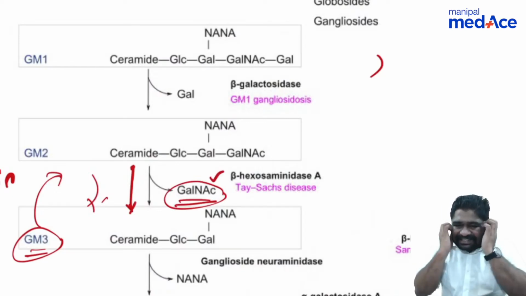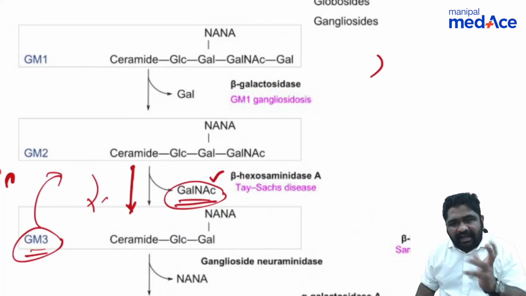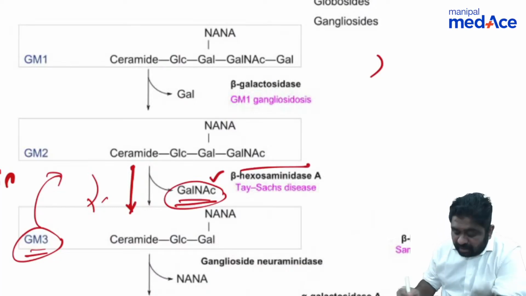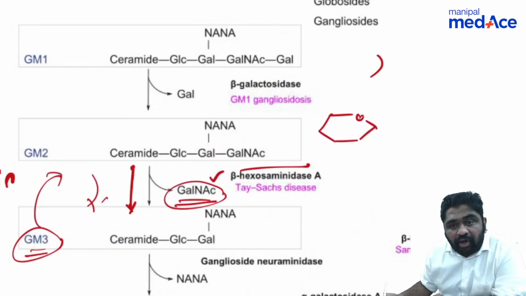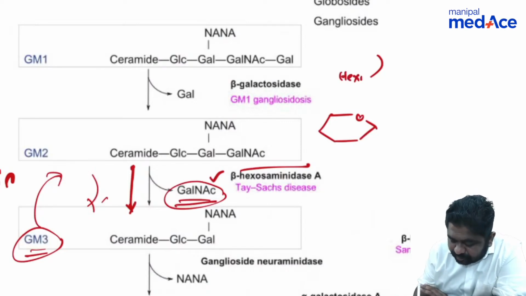Now, why do you read all these names? These names are slightly irritating for you because they do not make exact sense. You just think that you have to remember them as they are. But remember, hexosaminidase has a meaning. When I draw a 6-carbon monosaccharide, it's an aldo sugar. It can be either glucose or galactose. It is just a hexose.